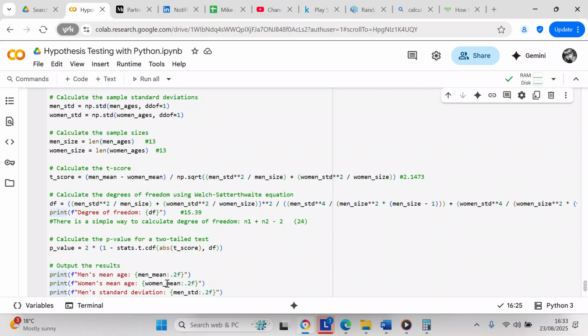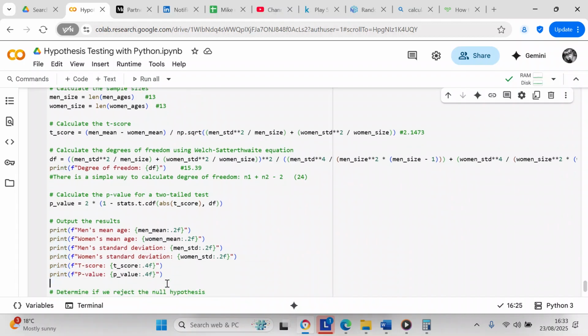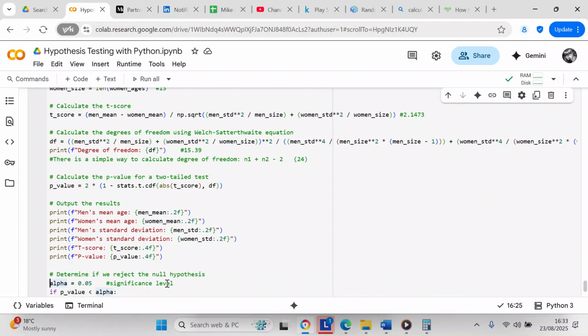So t means it's a t distribution, cdf is cumulative distribution function, abs is absolute value, and df is degrees of freedom. Then we output the results: the men's mean age, women's mean age, men's standard deviation, women's standard deviation, the t-score and the p-value.